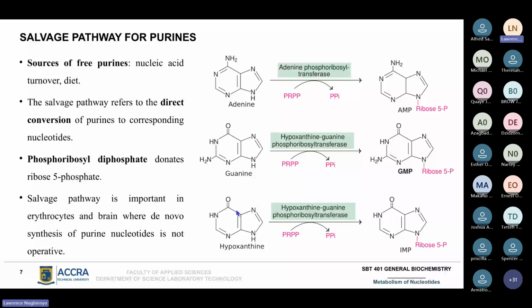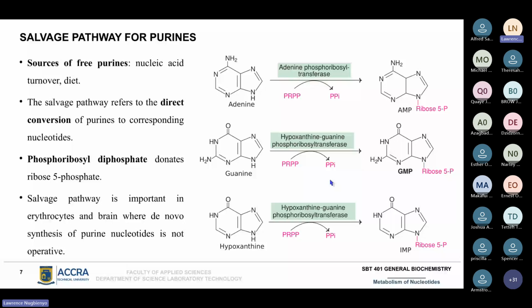Now, in those cells, you have this salvage pathway, which can occur, where you see adenine, which is the nitrogenous base, and just with the participation of the enzyme adenine phosphoribosyltransferase, you have that nitrogenous base binding onto the ribose 5 sugar to give you the adenosine monophosphate.